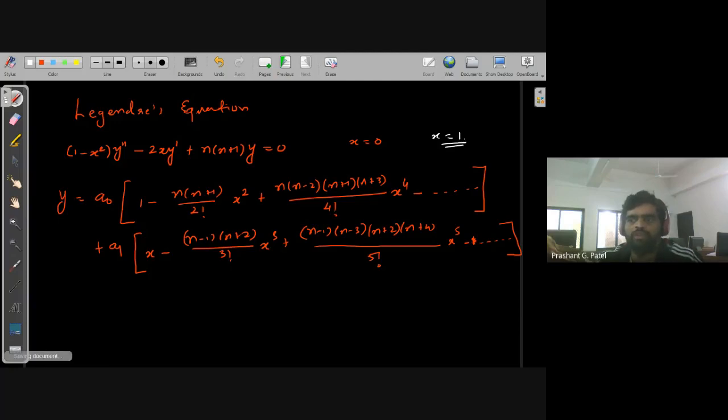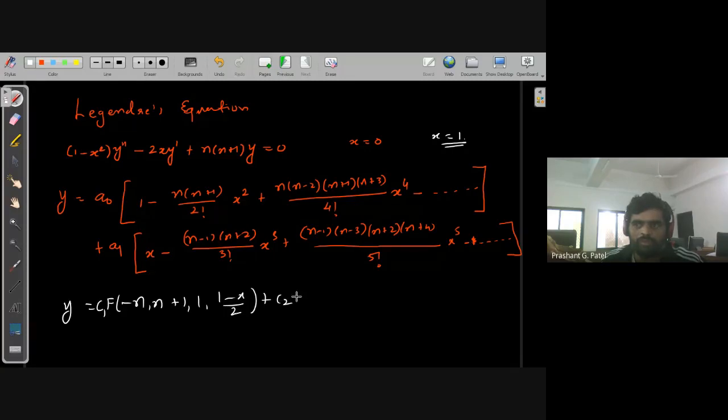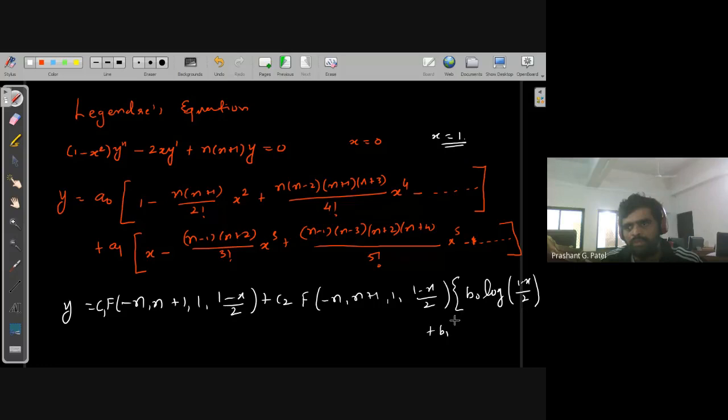The solution is of the form y is equal to c1 into F of (minus n, n plus 1, 1, (1 minus x) by 2) plus c2 into the same thing F of (minus n, n plus 1, 1, (1 minus x) by 2), multiplied by b0 log of (1 minus x by 2) plus b1 (1 minus x by 2) plus b2 (1 minus x by 2) whole square and so on.